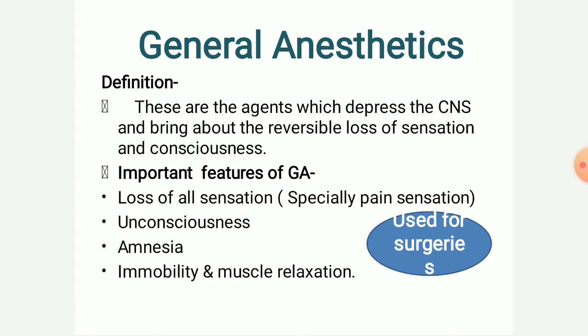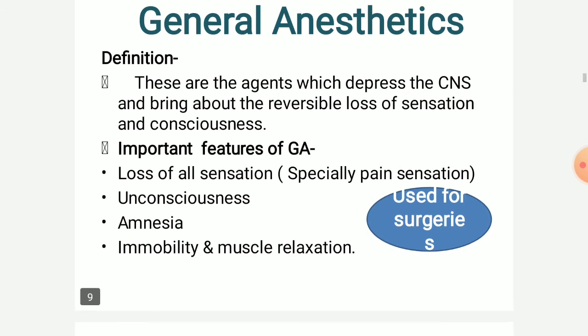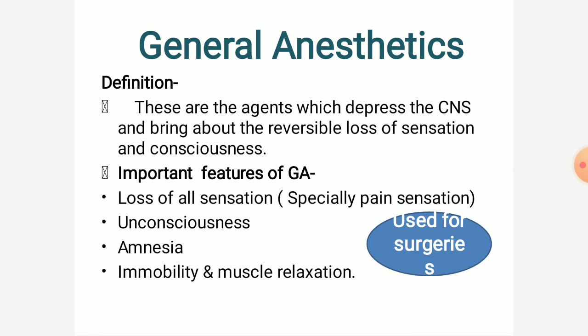Important features of general anesthetics are that they produce loss of all sensation, unconsciousness or loss of consciousness, amnesia, which means loss of memory, and immobility and muscle relaxation. All these properties are necessary for doing operations. So general anesthetics are the drugs which are used in many surgeries.